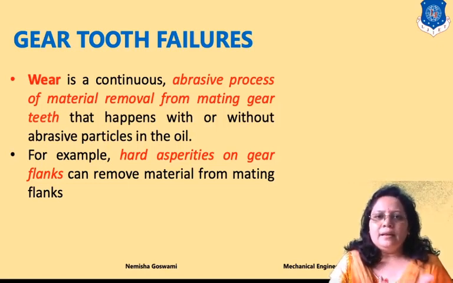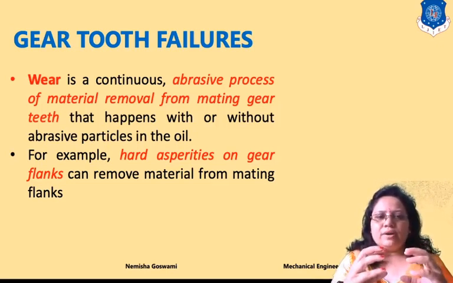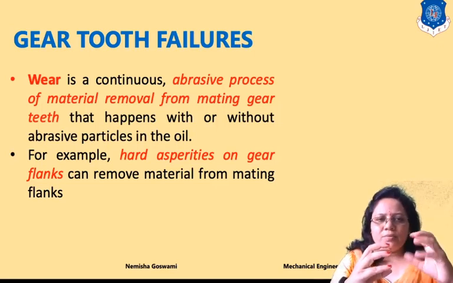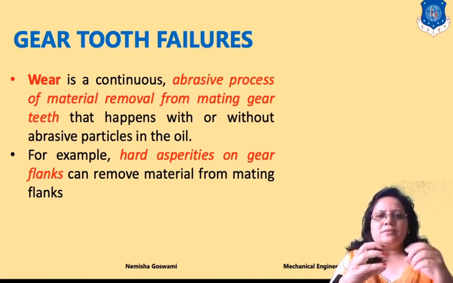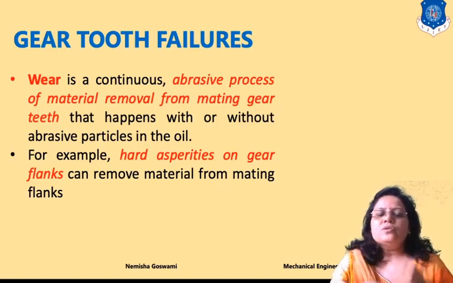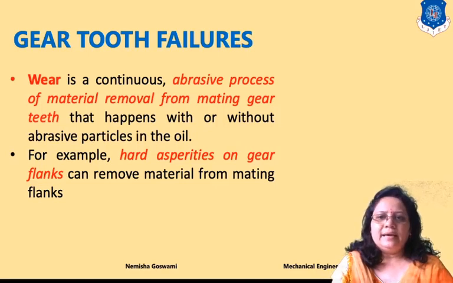For example, hard particles on a gear flank can remove material from mating flanks. If two gears are in meshing condition, particles of one gear may be taken away by the other gear. This type of failure is known as flank failure or simply wear failure.